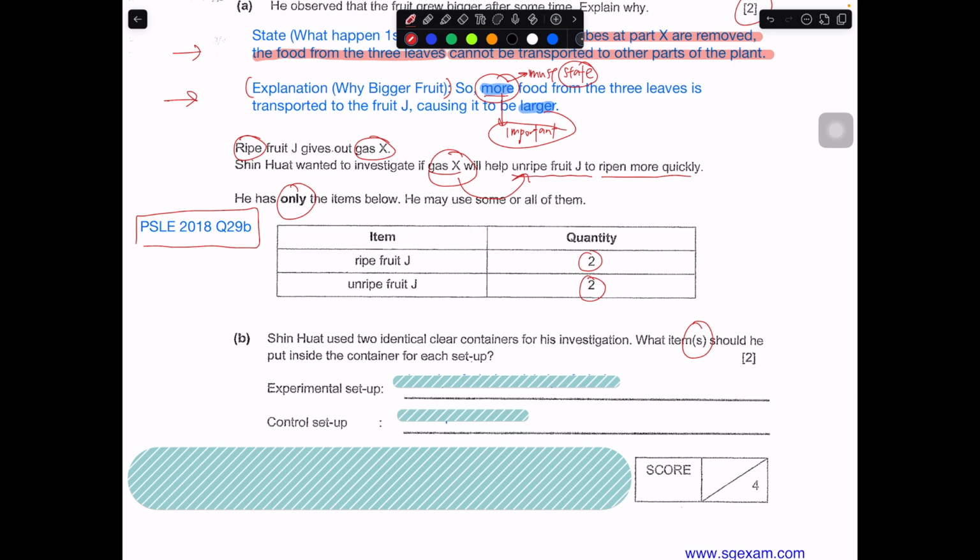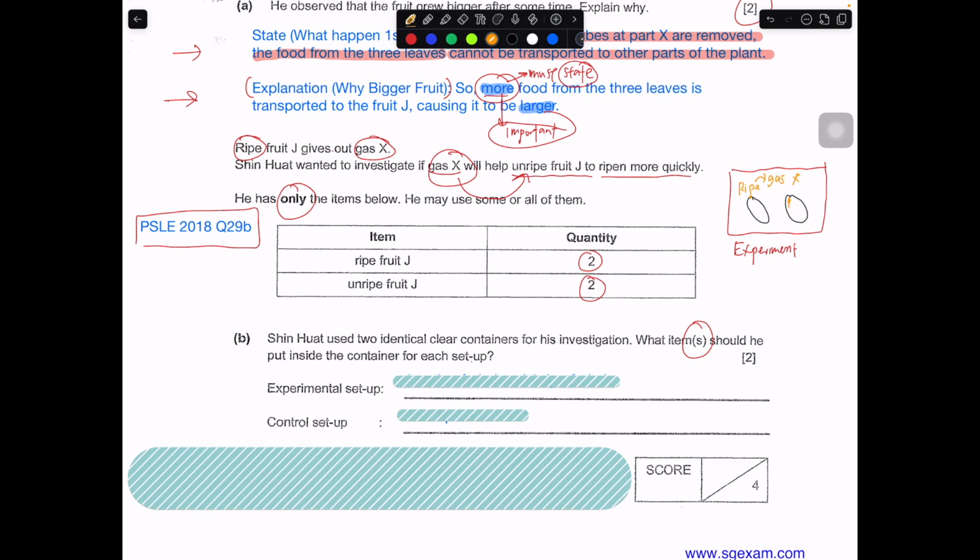So your experiment setup should have something like this: this fruit that is ripe, that will give out gas X, and you have another fruit that is unripe.